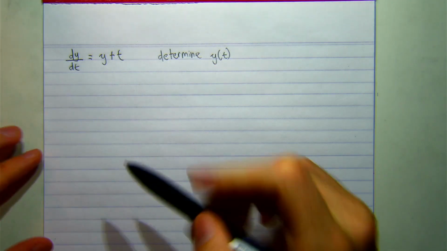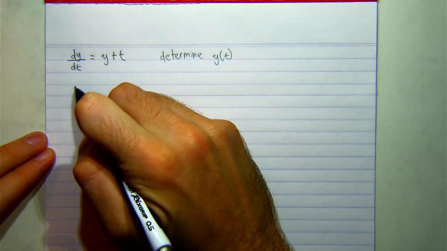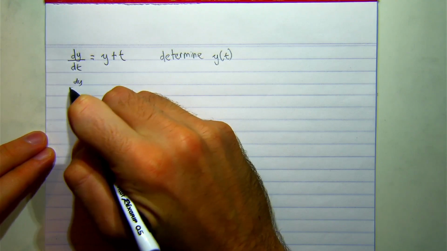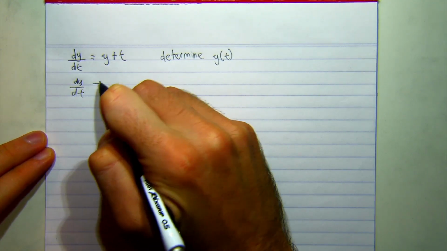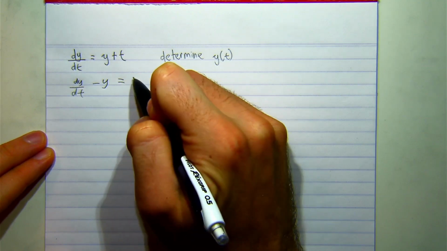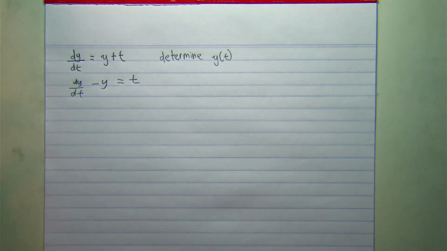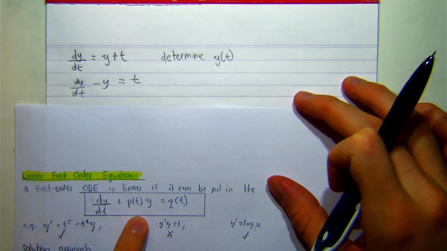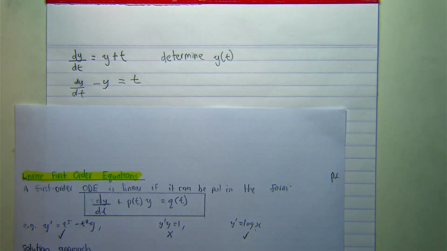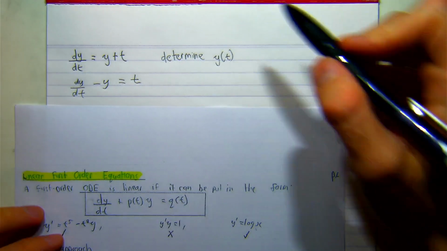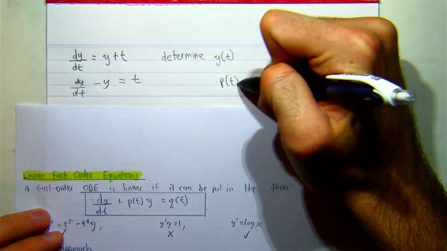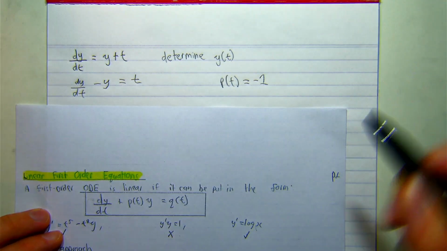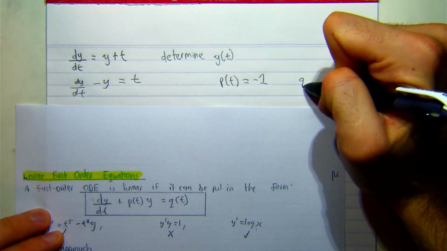We can put dy on dt minus y is equal to t. And then we can identify what our functions are. So we want to identify p of t and q of t. Well, here p of t is equal to minus 1, and q of t is equal to t.